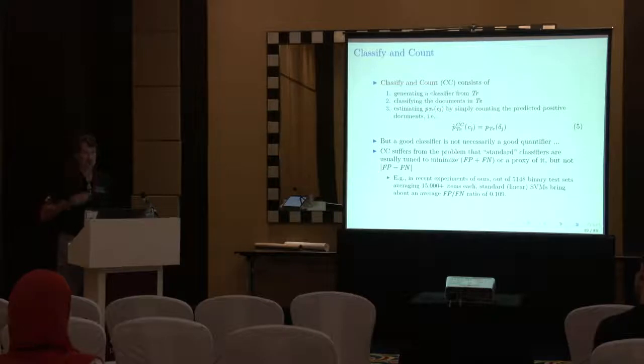Take F1, for instance. F1 is the typical measure we want to optimize for in text classification, but that's a nonlinear multivariate measure, so standard SVMs cannot optimize F1. So you need to move up to more complex learning algorithms that can have multivariate nonlinear measures as losses that you can optimize.